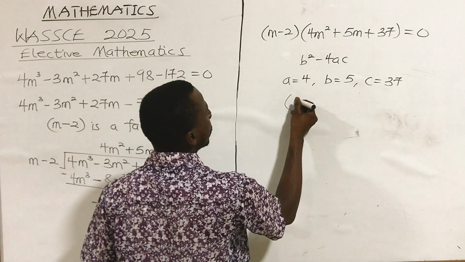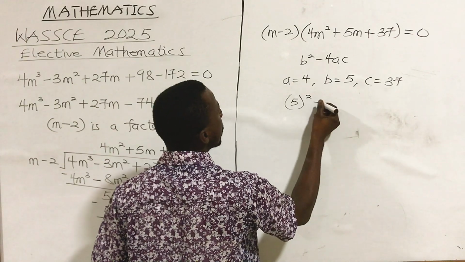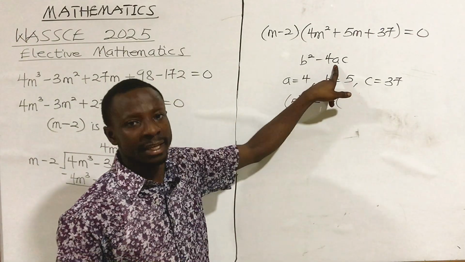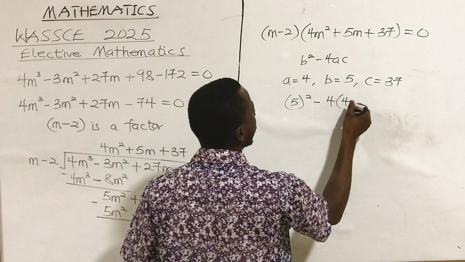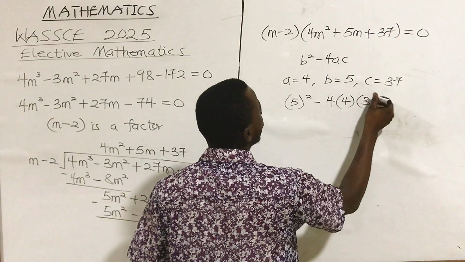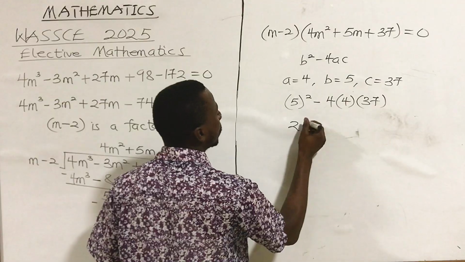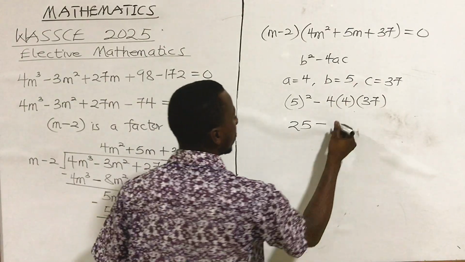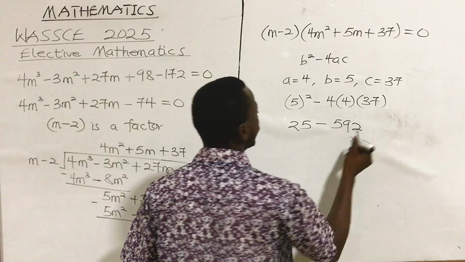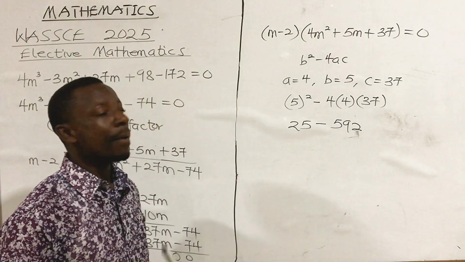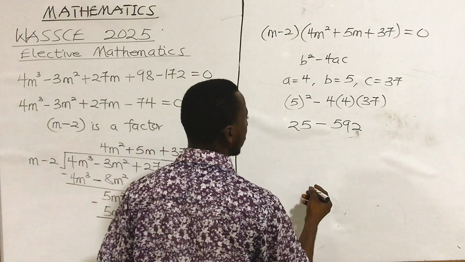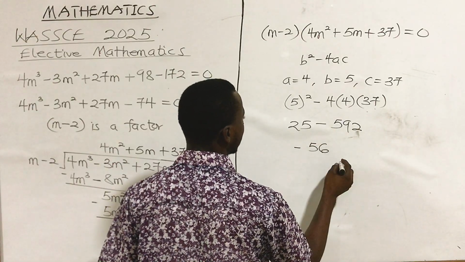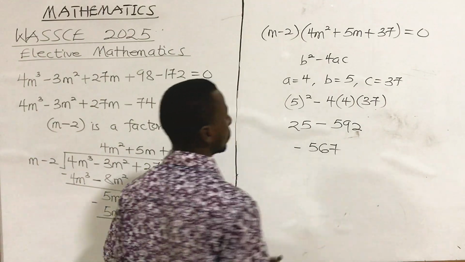So I am going to get 5 squared minus 4 times 4 times 37. I have 25 minus 592, and I am going to get negative 567.